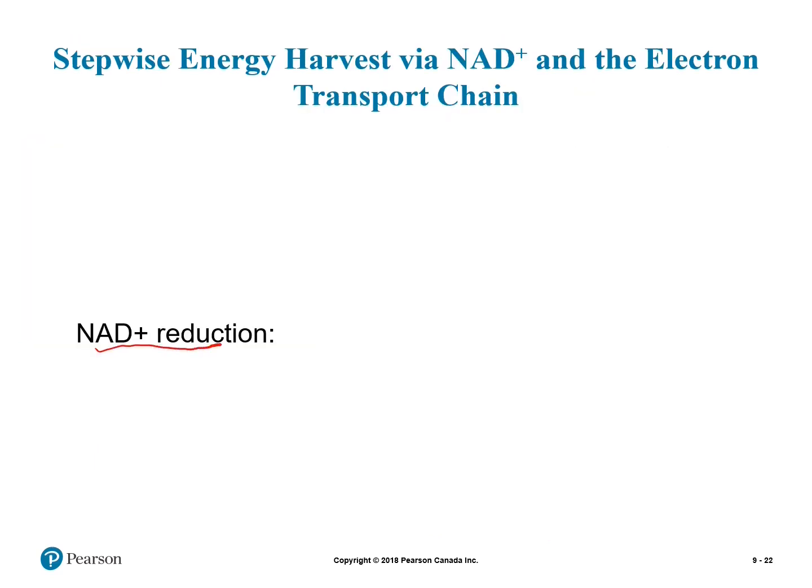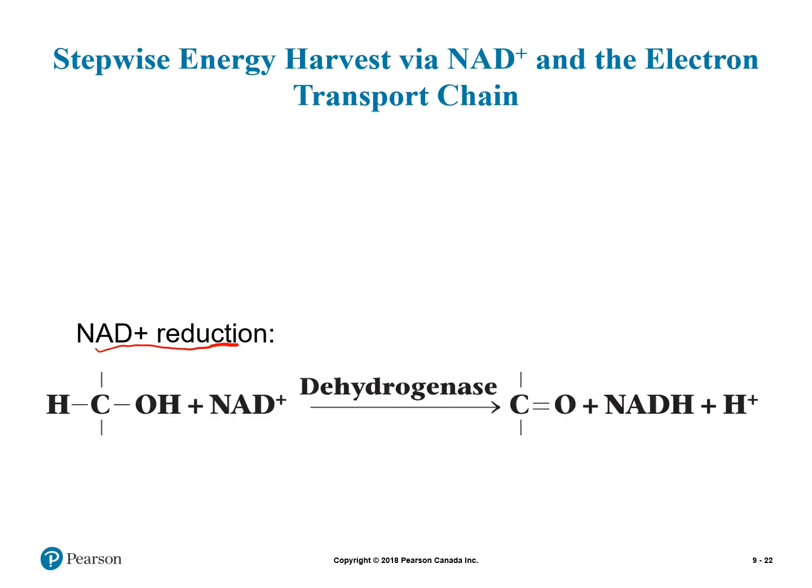Now, we're going to talk about the importance of this molecule, NAD plus, and its reduction to produce this stepwise process. As we can see here, using the enzyme, we can reduce it and turn it into NADH.